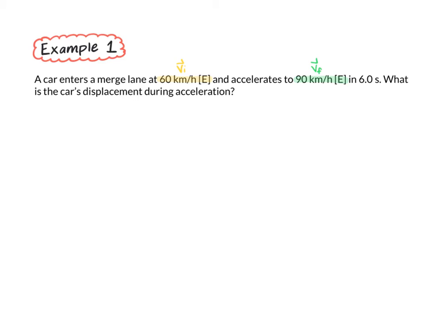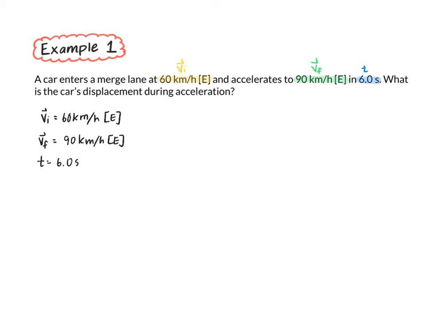And this acceleration takes 6 seconds, so that is our time. Rather than draw this on a graph, we're just going to plug this into our formula. So we know that VI is equal to 60 kilometers per hour east, and VF is going to be equal to 90 kilometers per hour east, so our car is getting faster in the east direction, and our time is 6 seconds.